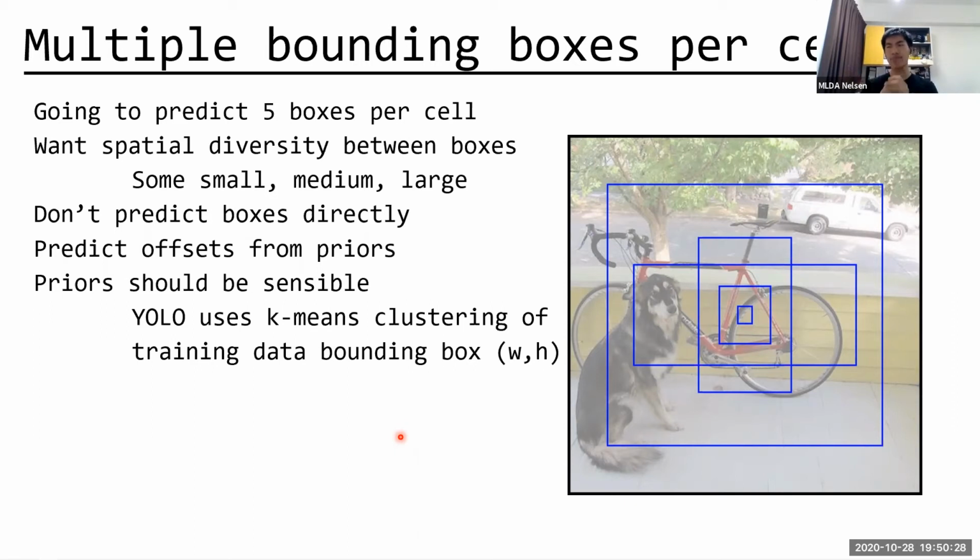Instead of predicting the bounding box, we give them anchors or priors. The reason it is called priors is because from this specific prior bounding box, you can just add an offset or subtract some offset to fit an image.